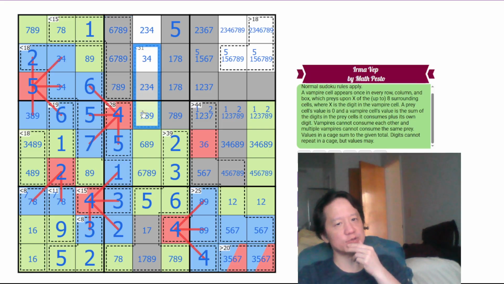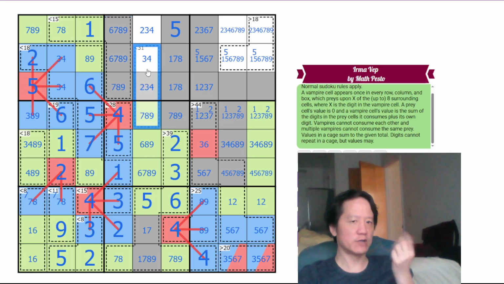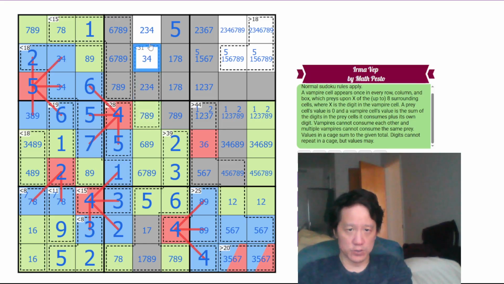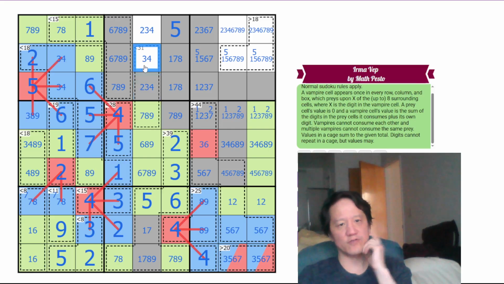So 17 plus 13 is 30. So that's potentially valid. So this is still up in the air. Obviously, if this is vampire, it could still be 4, 2, and 7 even, and that's still valid. And it could vampire itself here. That would be fine.